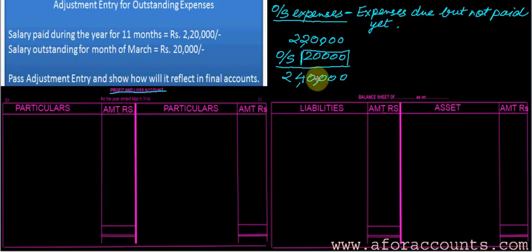All expenses which pertain to the current year should be accounted in the current year, irrespective of whether they are paid or not. So how will I do the entry? The entry will be salary account debit 20,000 to outstanding salary 20,000.